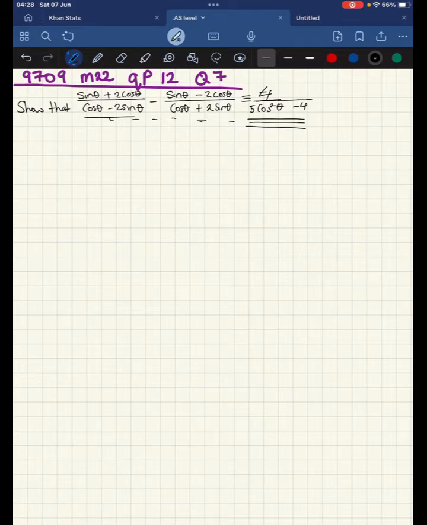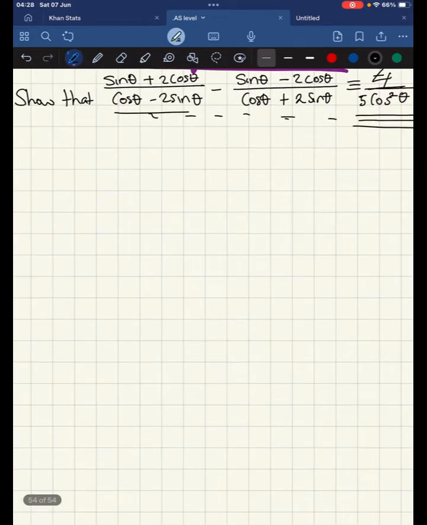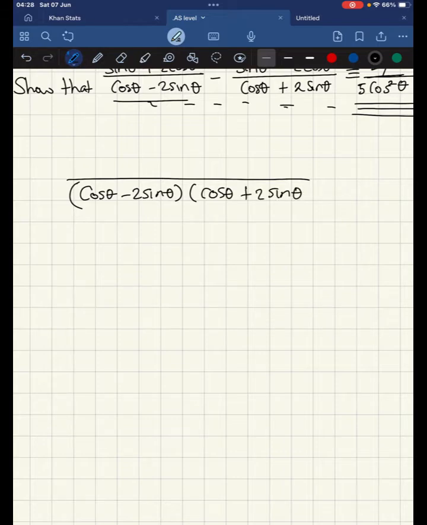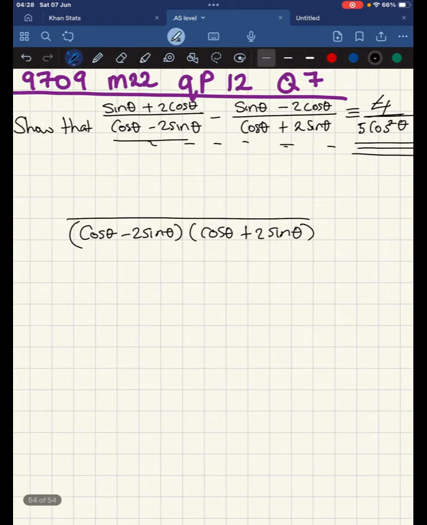All right, the first thing we have to do would be to essentially get the common denominator. Let's obtain an expression that has a common denominator. And to do that, I'm just going to zoom in a bit. I'm going to do cos theta plus 2 sine theta, and then expand that.